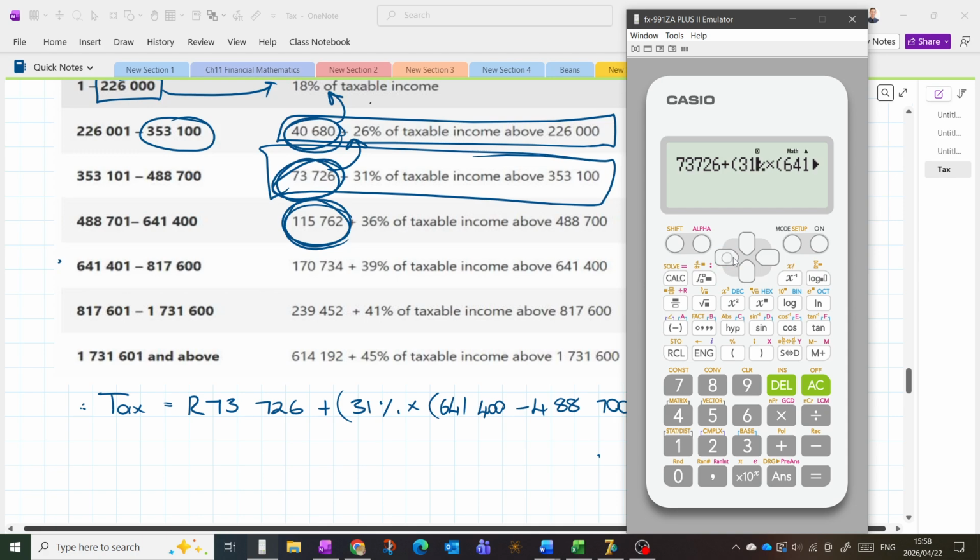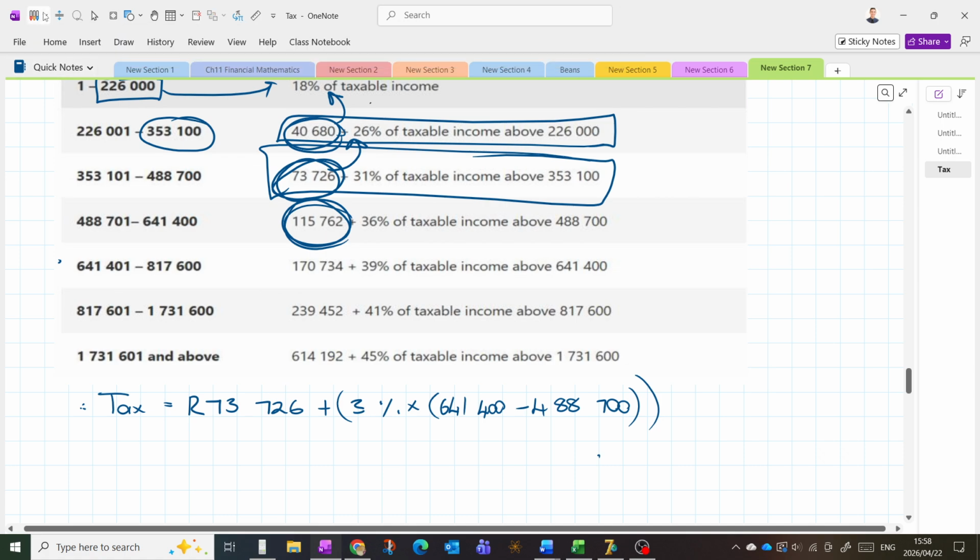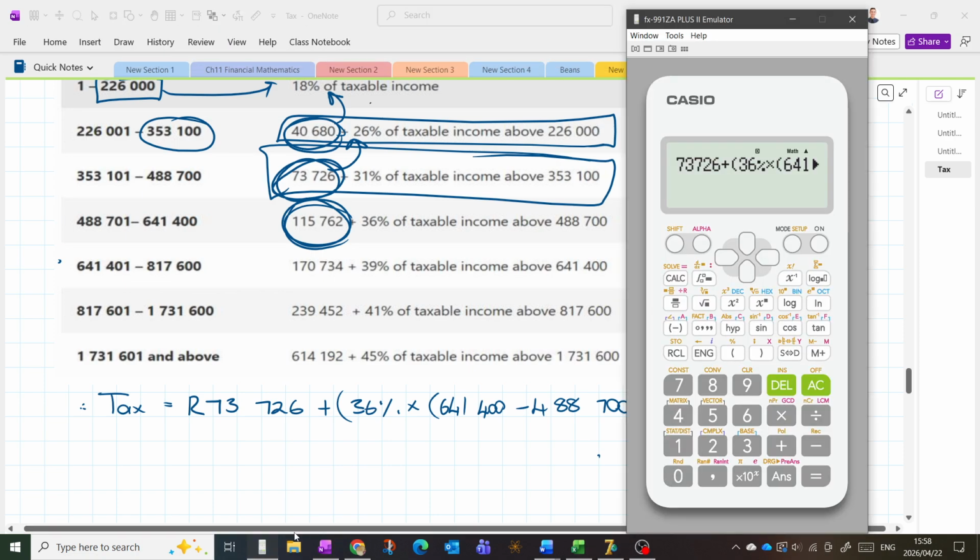Sorry. Change quickly. 36%. And still not really. What else can be wrong? 73,726 plus 36% of everything.